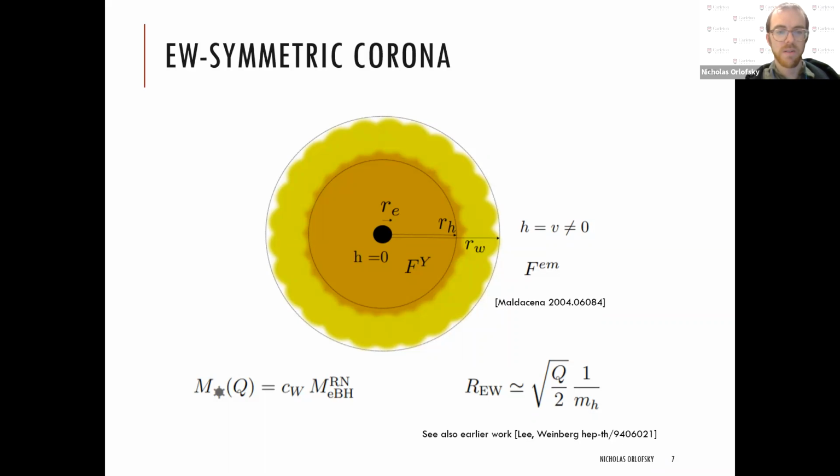So you get some cosine of the Weinberg angle to the mass that won't end up being too important for our discussion, but it gives some more interesting effects in there. And then finally, you can of course calculate what the radius is for the electroweak symmetric region, and this is going as the square root of Q and in units of the Higgs mass.